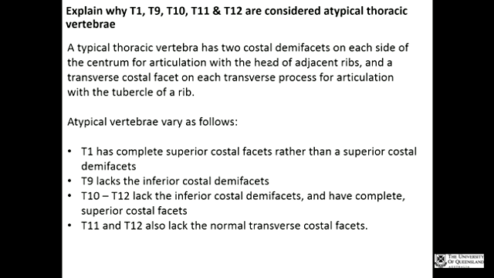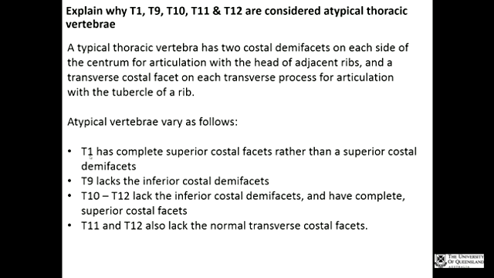It's actually two, but we'll see that again in a second. And also an articulation at the tubercle, just near the angle of the rib. So that would define a typical one, which you can then more easily go forward and describe where the others differ from that model.